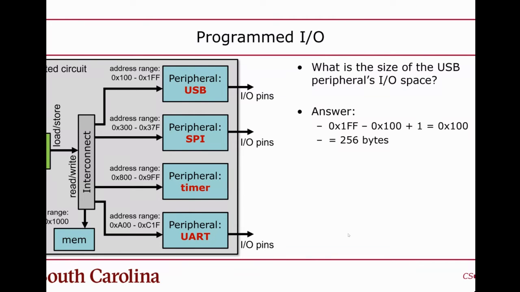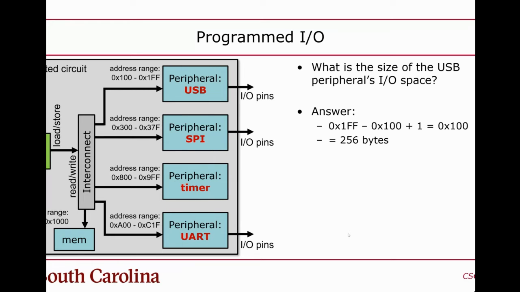Make sure that you understand that and that you can calculate the address space for a peripheral. For example, in this case, there's a USB peripheral. It starts at address 100 in hex, and the other end of the range of addresses assigned to that peripheral is 1FF.